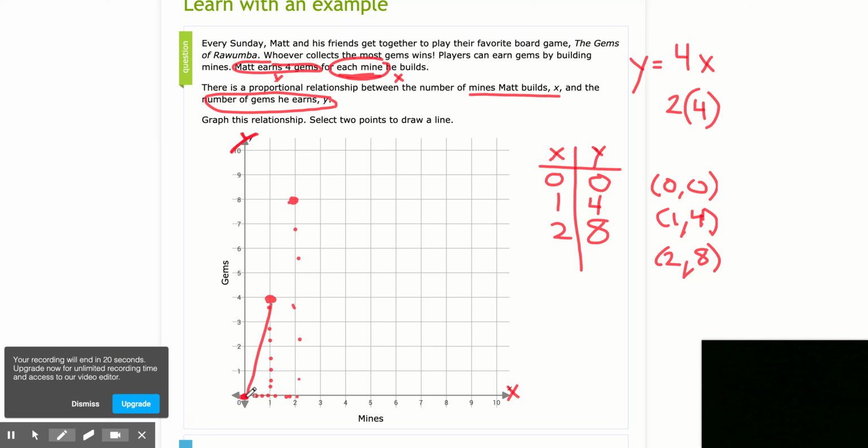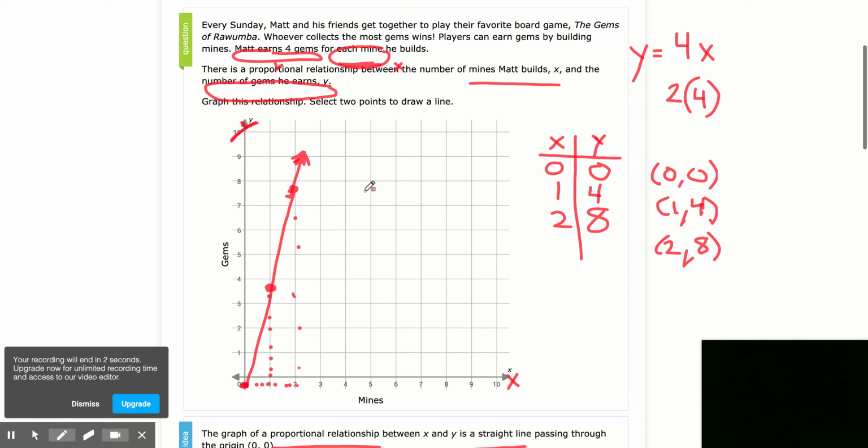And then you should be able to draw your line. So this is your slope. Make sure to also include the arrow at the end to let everyone know that this is a continuous line. It's going to go on forever in the same direction.